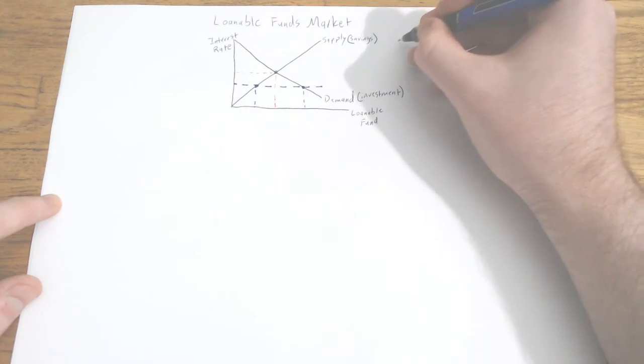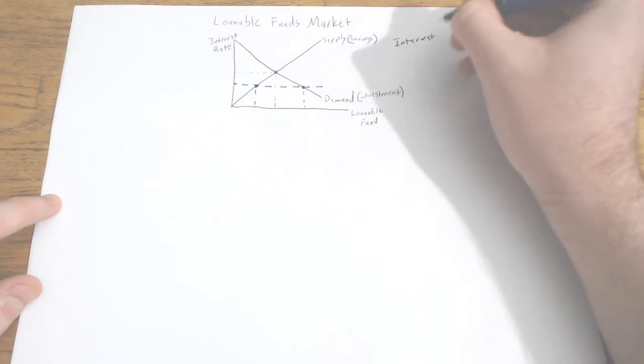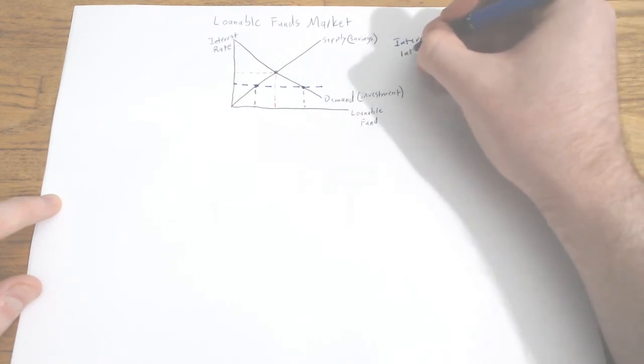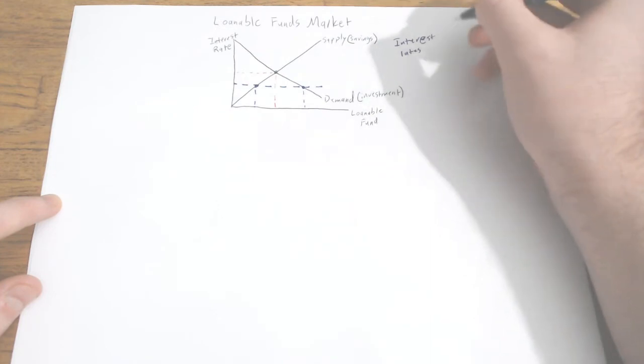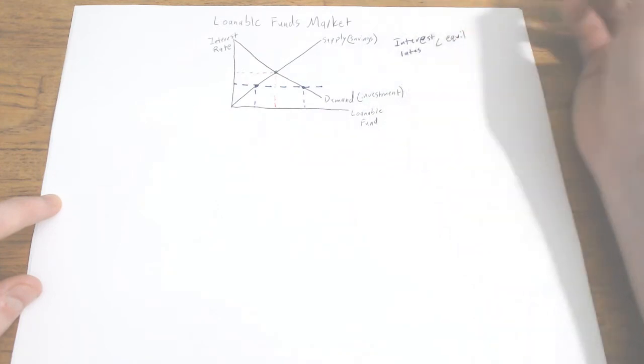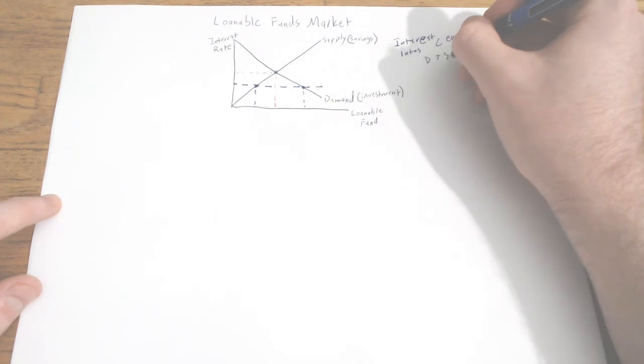So if interest rates are less than equilibrium, then our demand is going to be greater than supply.